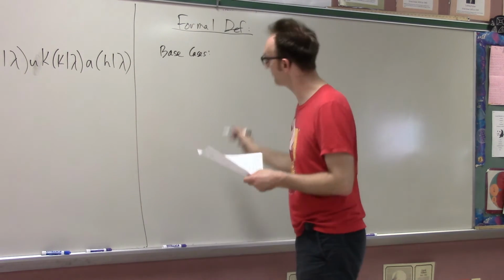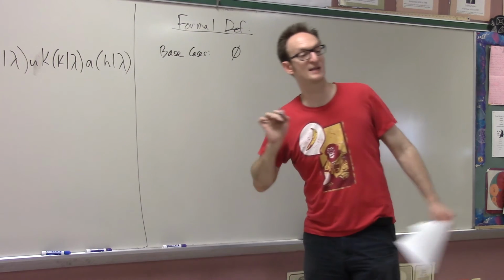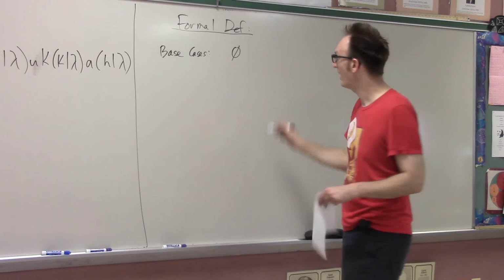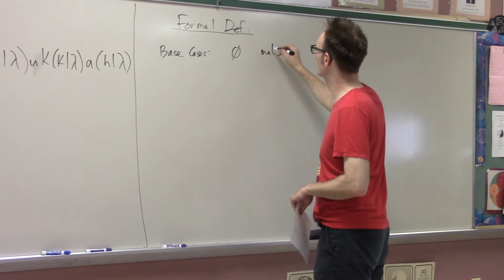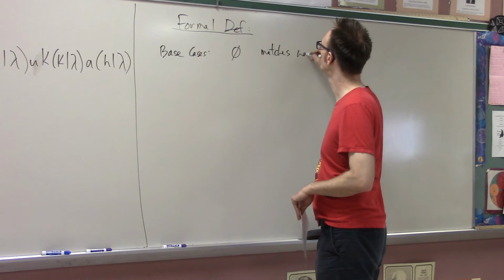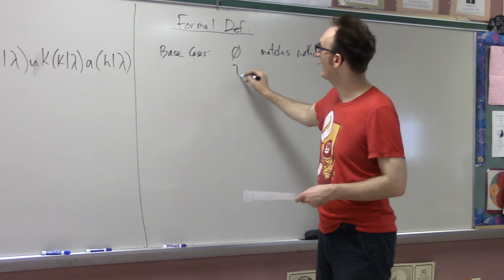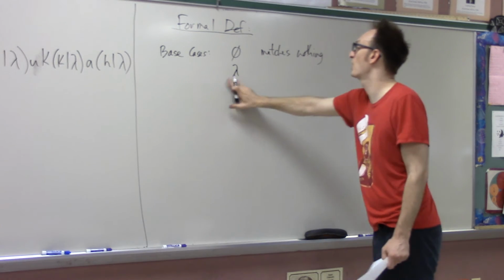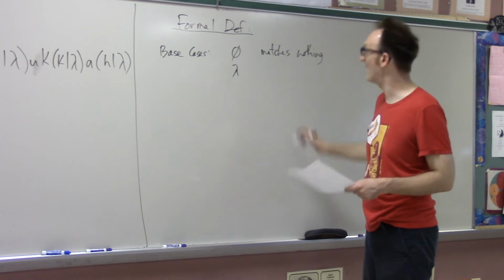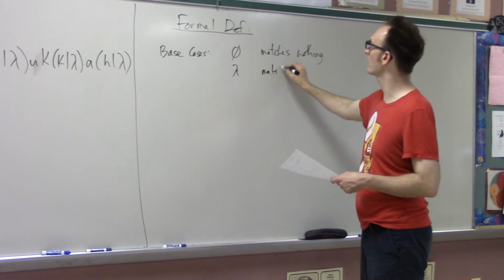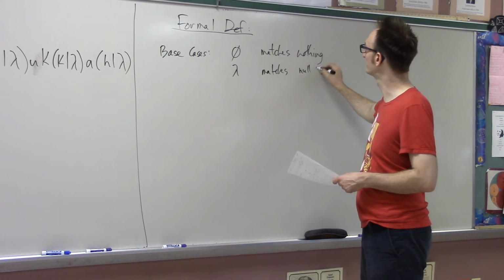The base cases are, first of all, just the empty set itself is a regular expression, and it matches nothing. Then lambda is also a regular expression, which matches only one string, the null string.